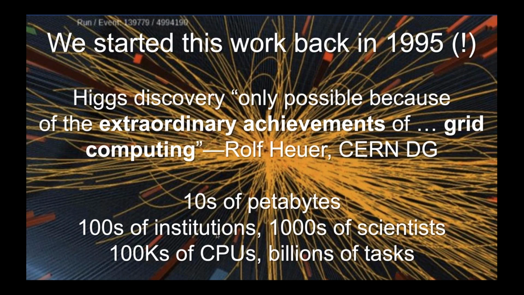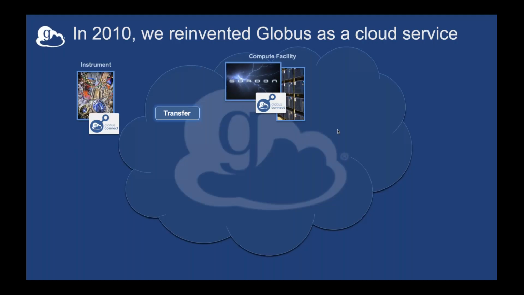But once that work had been done and completed, we realized that there was a need for many more people to be able to use these seamless data movement capabilities, and to be able to use them in a way that did not require the expertise of thousands of physical scientists working together in international collaborations. And that's what led us to establish the Globus service.